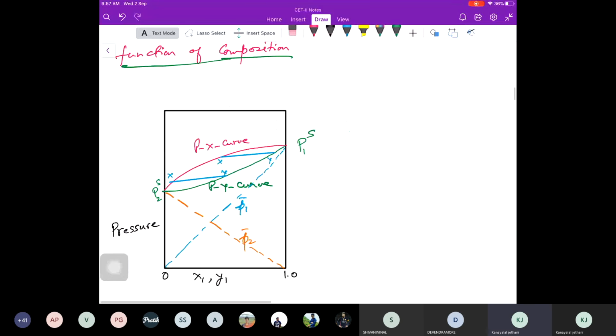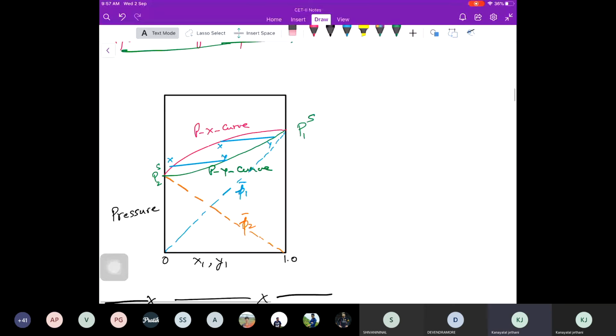Okay. So now if you plot this one, this is pressure versus x1, y1, right? ये हमने देखा था, P1s P2s लिया था, Px curve and Py curve, right? तो ये जो equation हमने ये dotted line draw किया ये वाला, this is P1 bar and this one is P2 bar.